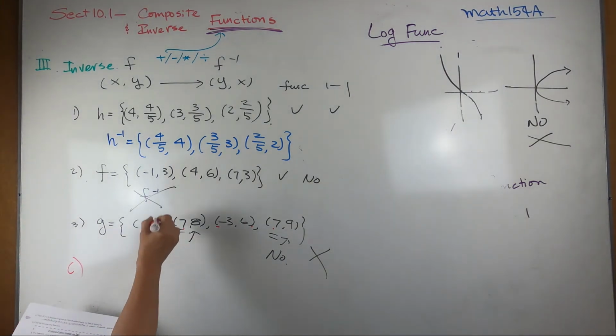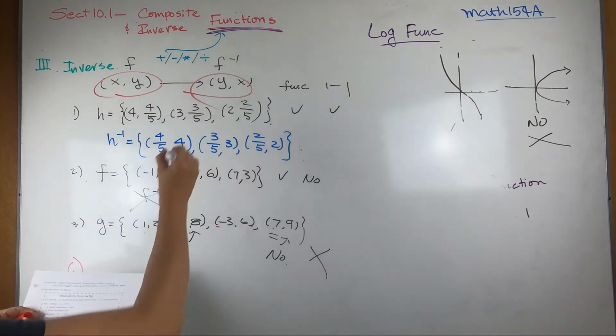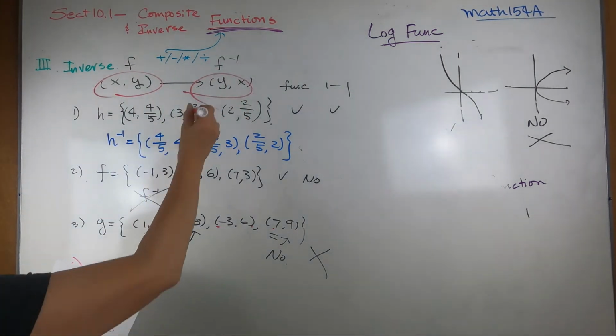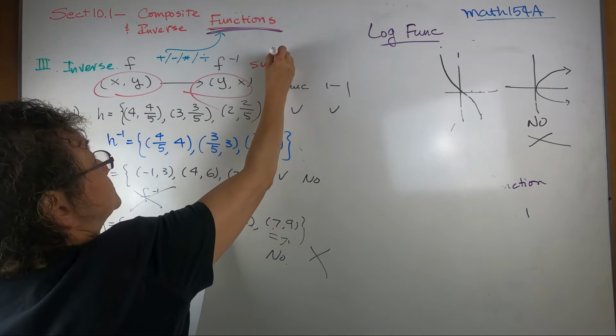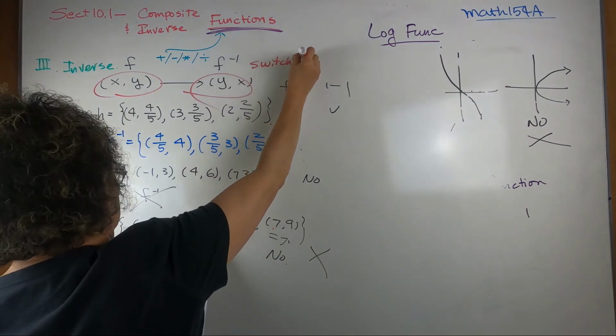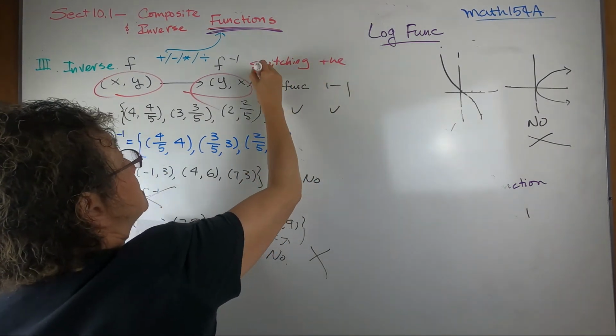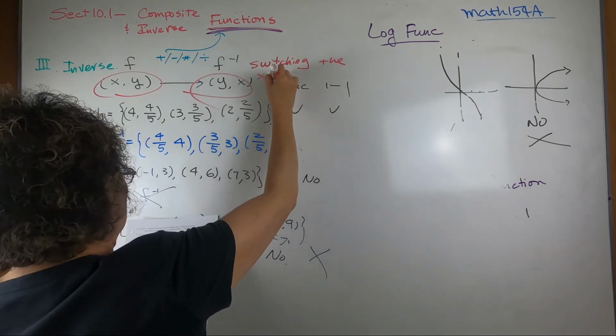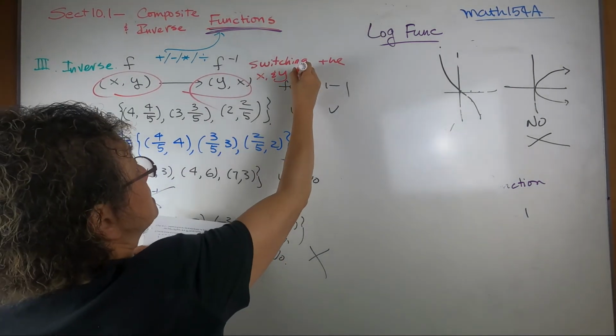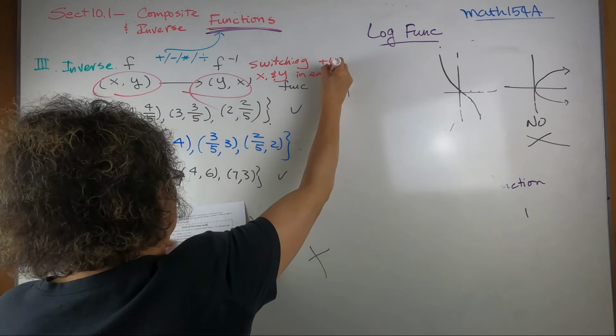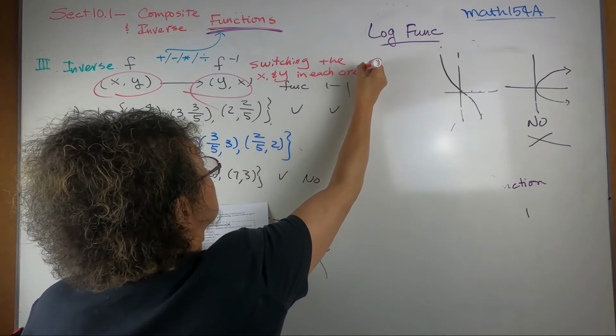To find the inverse, it means what? We will switch the x and y coordinates in each ordered pair.